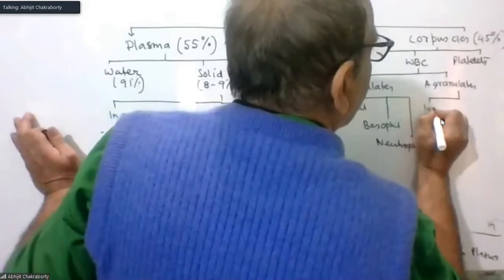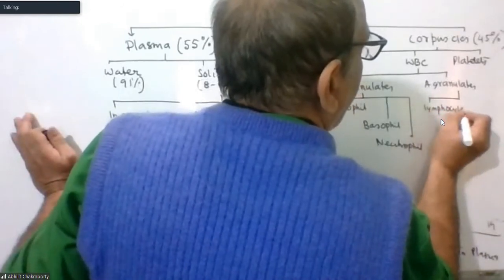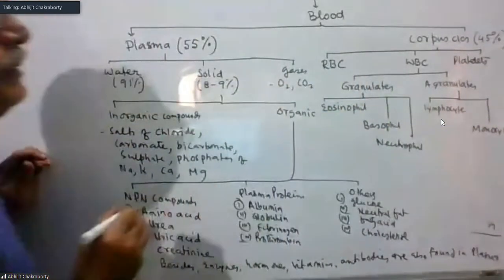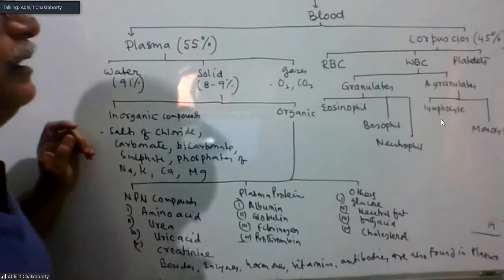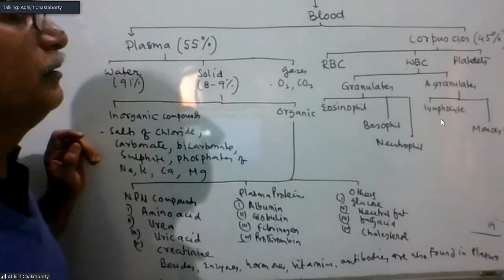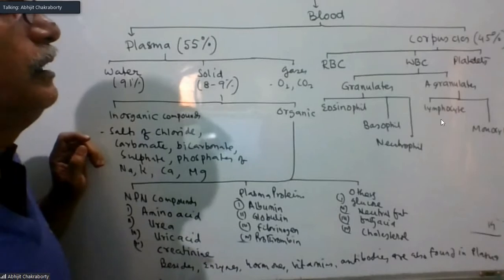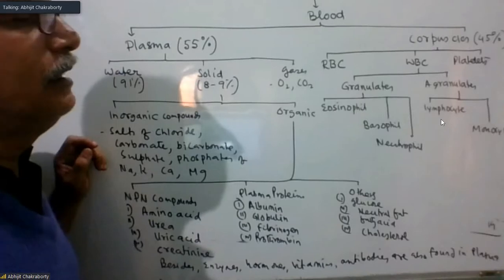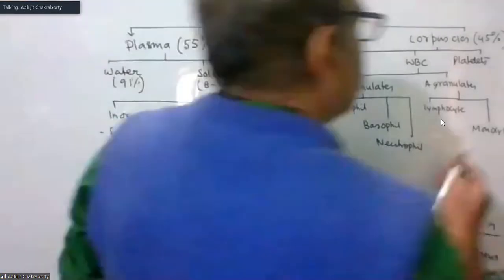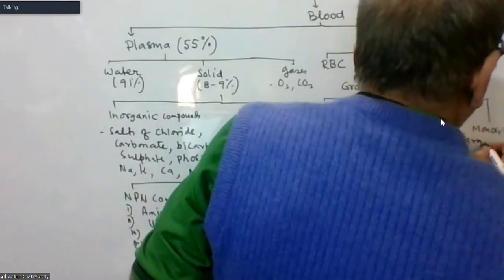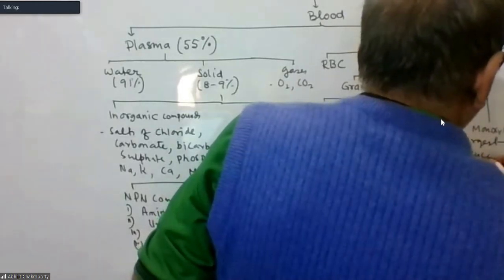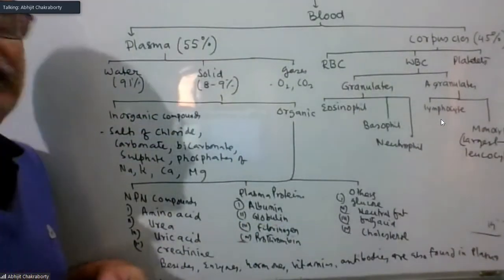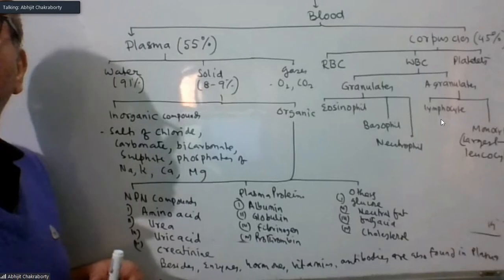Agranulocytes include lymphocyte and monocyte. Details of which will be discussed later on. Granulocytes include eosinophil, basophil, neutrophil, that is, they have granules in the cytoplasm. Agranulocytes include lymphocyte and monocyte. However, monocyte is the largest WBC. Monocyte is considered the largest leukocyte.